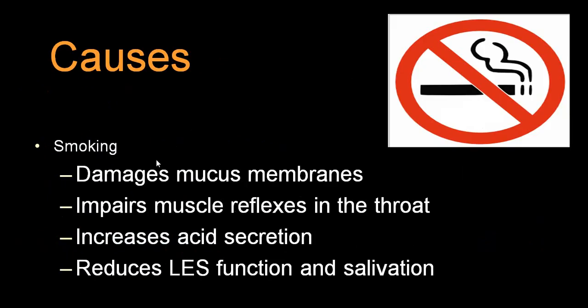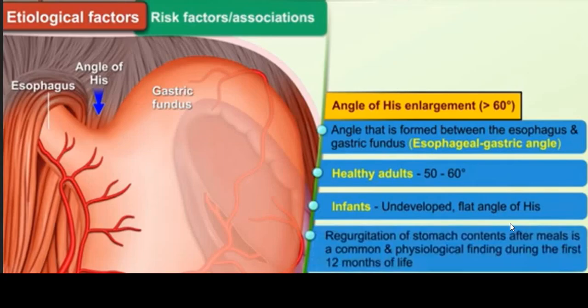So smoking damages the mucous membrane. It also impairs the muscle relaxation of the throat. It also increases the acid secretion, and it also reduces the lower esophageal sphincter function and salivation. All these factors will predispose to GERD and damage to the esophagus. Even the angle of His, if it is more than 60 degrees, the chance of GERD is very high.